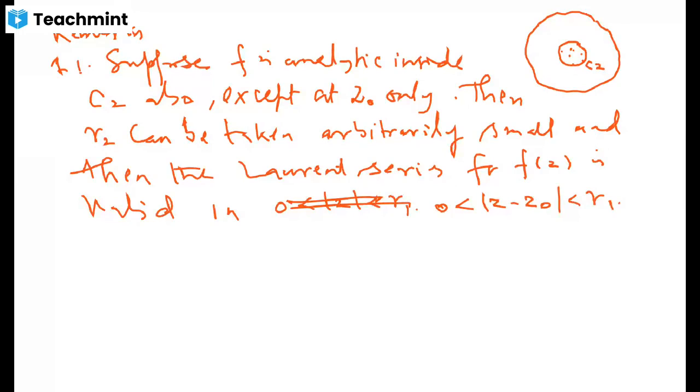But further, if this function happens to be analytic even at z naught, then what happens?